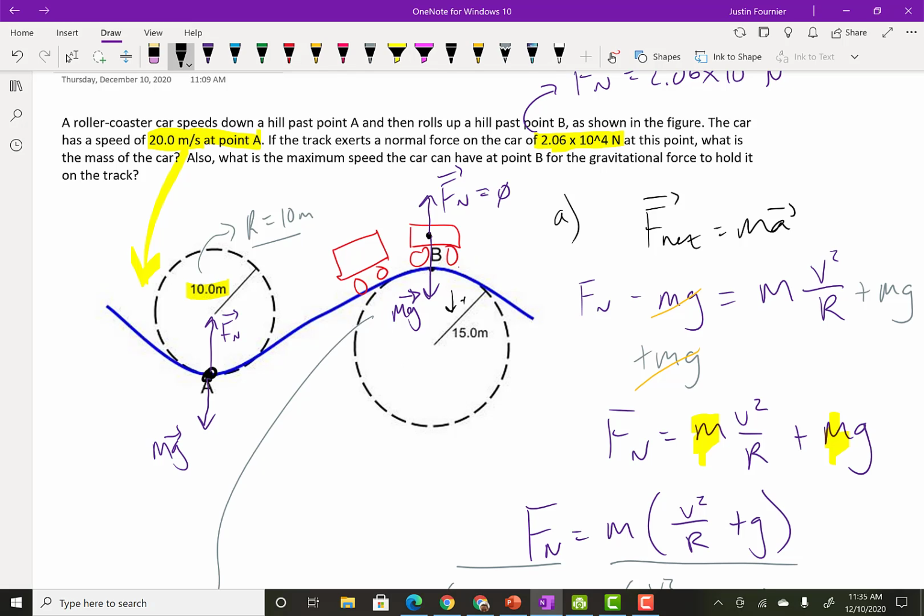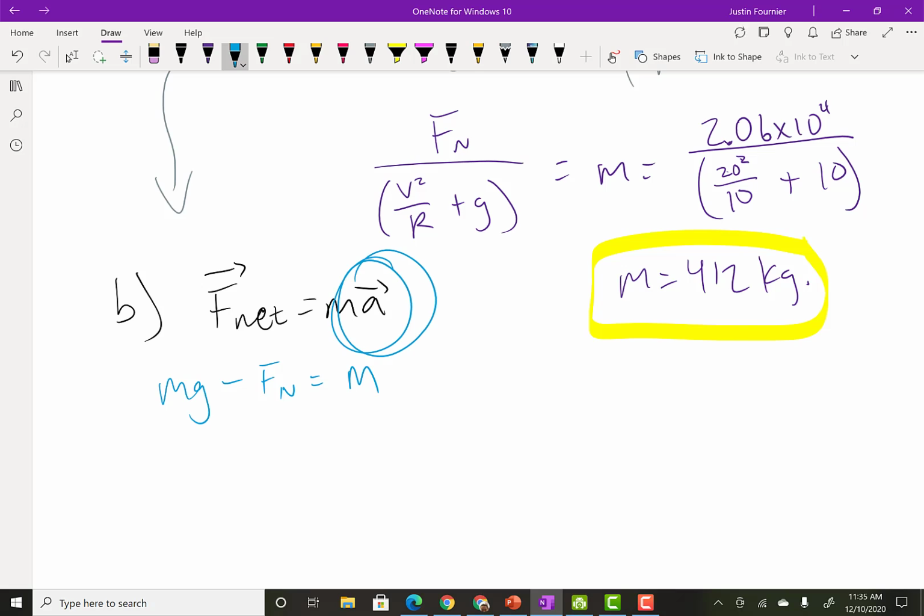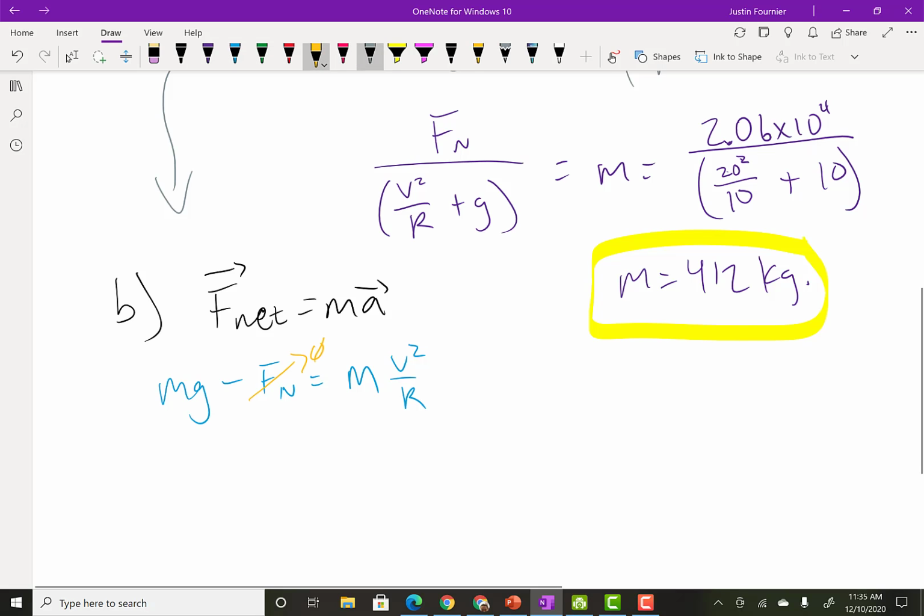So mg is positive and the normal force is negative. So this is mg minus the normal force equals the mass times the centripetal acceleration, which is v squared over r. But now the normal force is equal to 0.